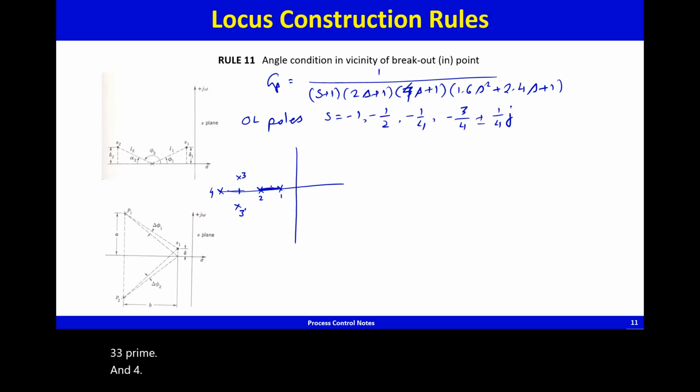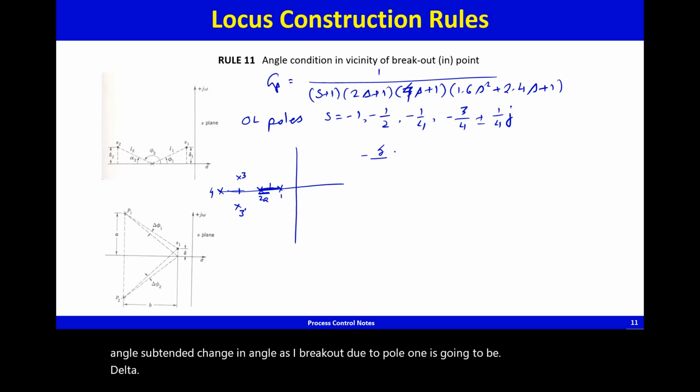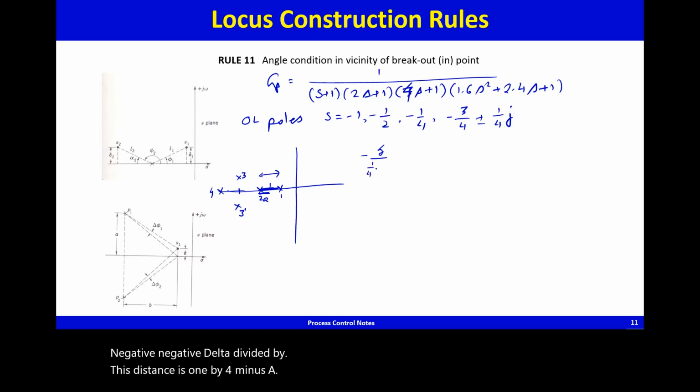Let us say the distance from the breakpoint to pole 2 is A. Then the change in angle as I break out due to pole 1 is going to be negative delta divided by 1 by 4 minus A.